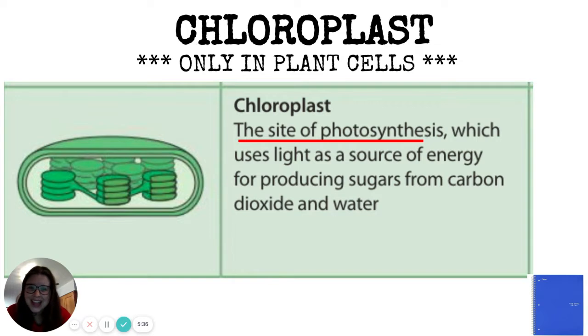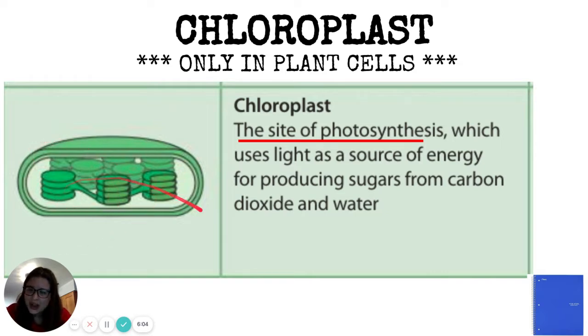Photosynthesis uses light as a source of energy for producing sugars from carbon dioxide and water. Now that definition gets a little bit complicated. Here's what I want you to know. I want you to know that chloroplasts are where photosynthesis takes place. And I want you to know that photosynthesis is how plants get energy. They use the light to get energy.